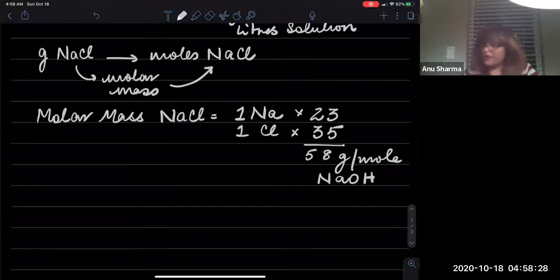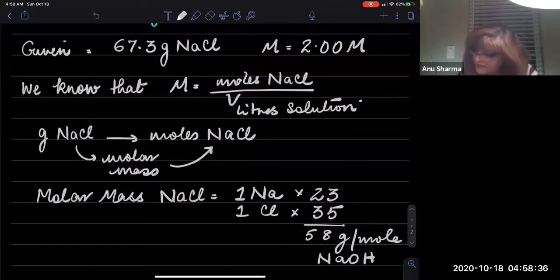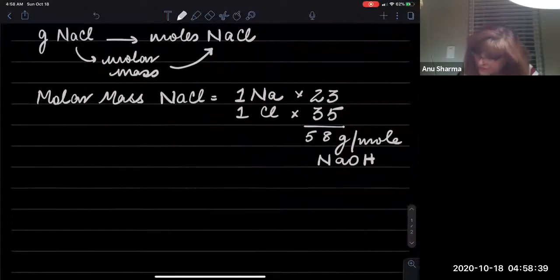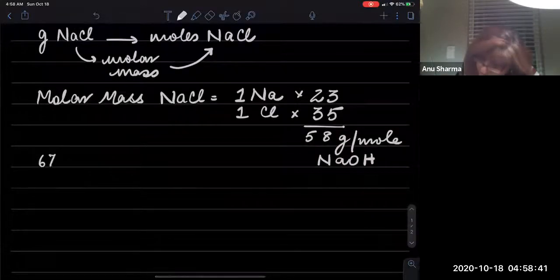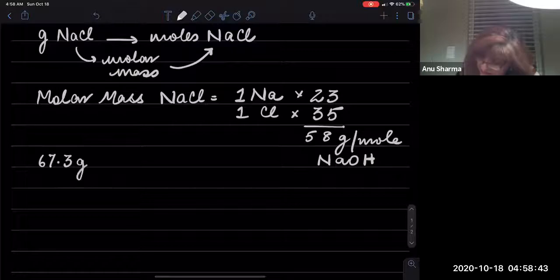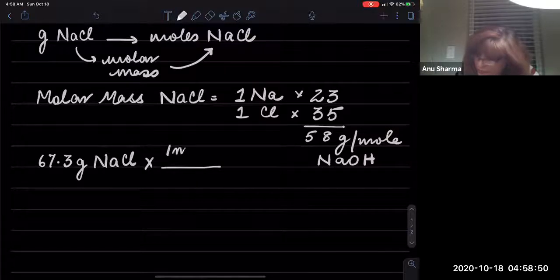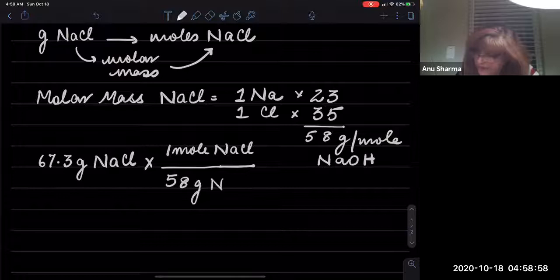Now you have the 58 grams of NaCl per mole. So now you're going to take the given grams, 67.3 grams of NaCl, times, we're converting to moles, 1 mole of NaCl over 58 grams of NaCl.